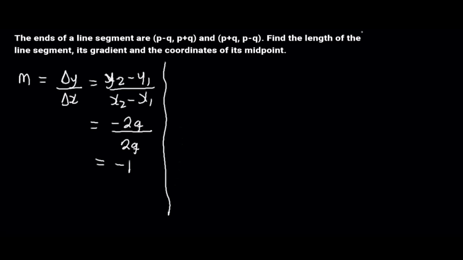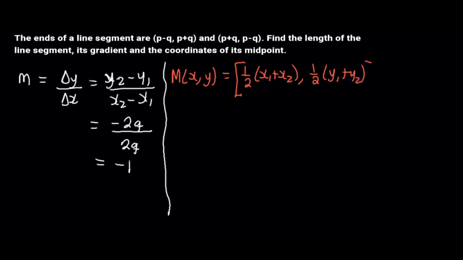Then also, we are looking for the coordinates of the midpoint of this line segment. Generally, the coordinate of a midpoint is given by, the x component is half of x1 plus x2, and then the y component is half of y1 plus y2.